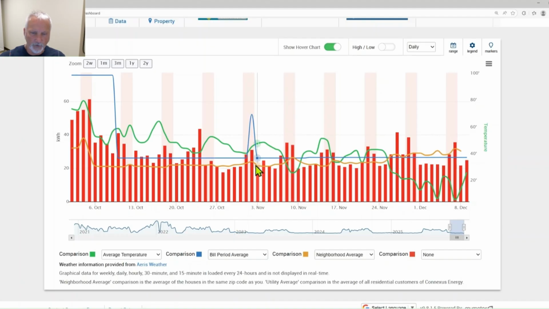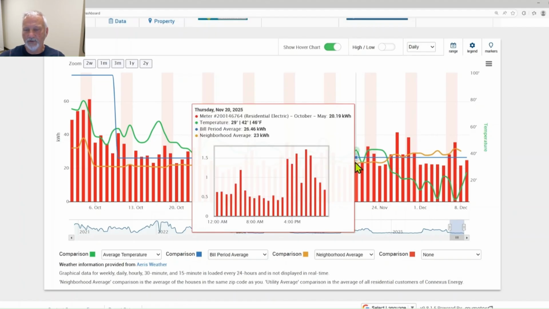Now this orange one here is showing me a neighborhood average of people that live around me. I live out in the country, so I don't know that it's real accurate, but I think it works pretty well. I know when I look at homes that are in the city that I go and check, this works really well because most of them are pretty much the same. They've got roughly the same square footage, and it gives a good indication of whether or not someone is running more than the average person is.